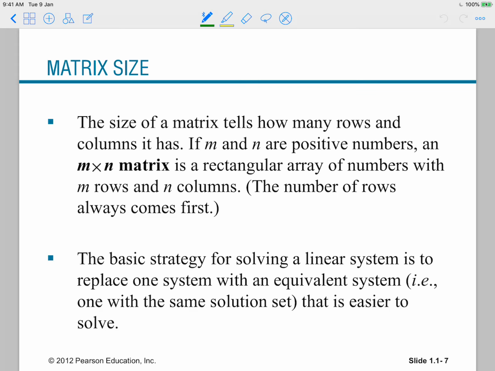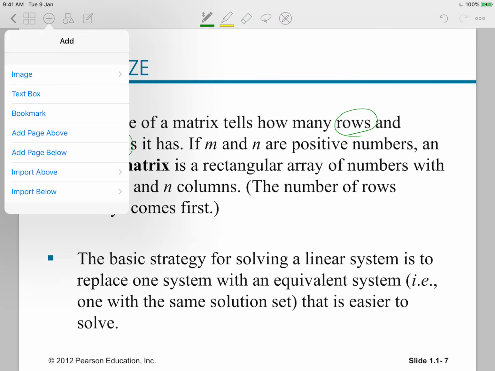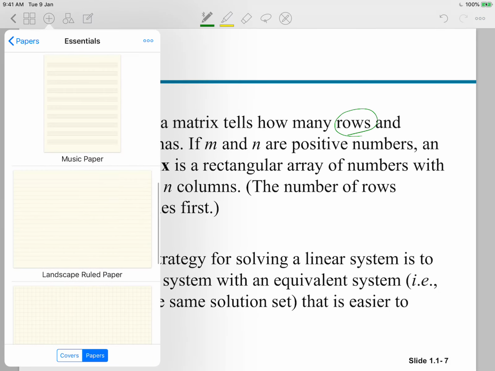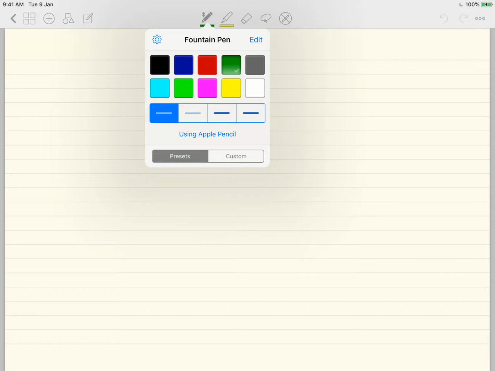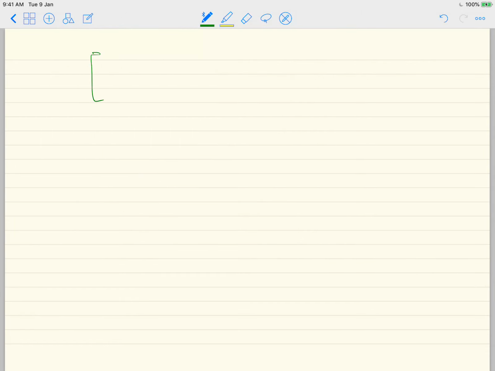I believe you guys are familiar with the rows and the columns of a matrix, right? So let's just forget about linear systems and think of just a matrix like 1, 2, 3, 4, 5, 6.